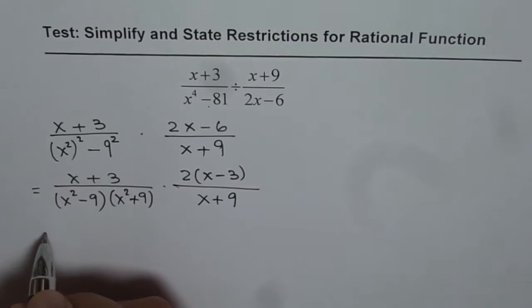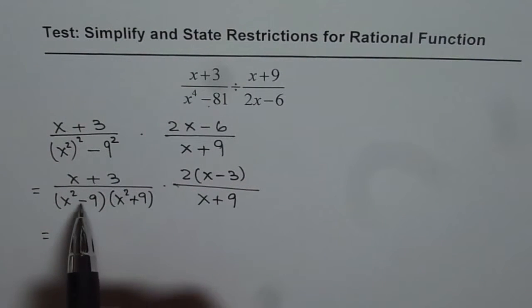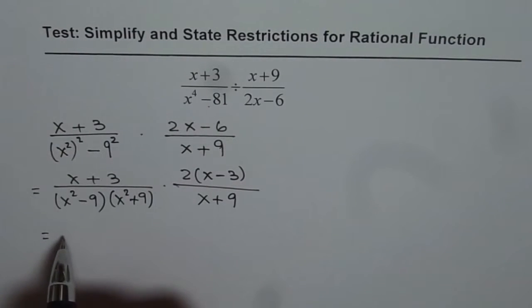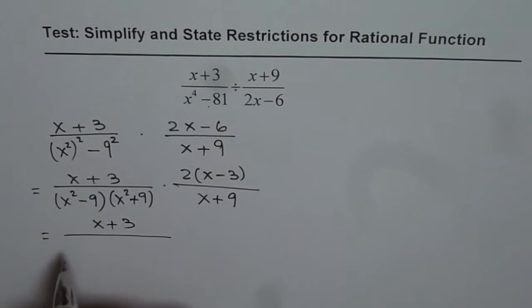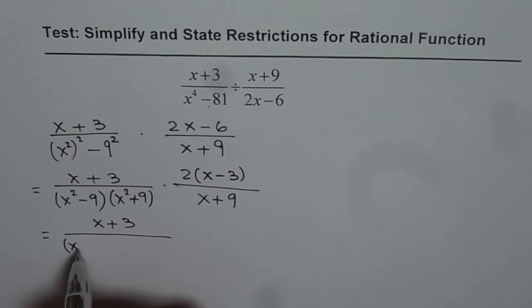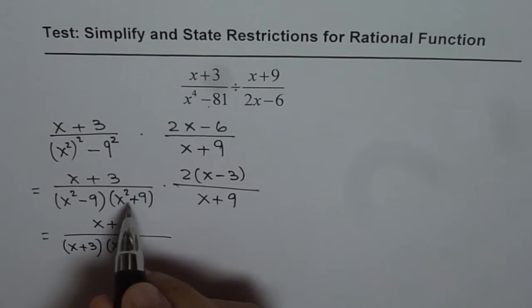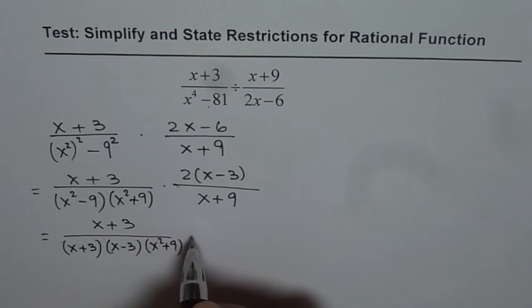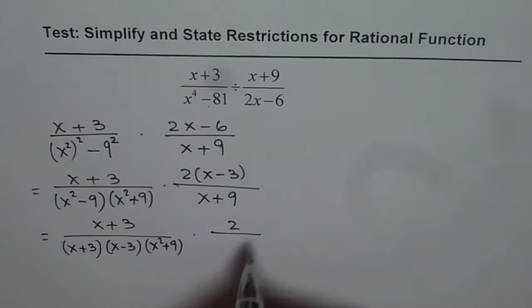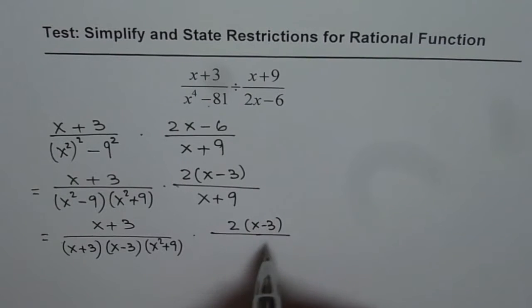Okay, now at this stage we can factor these terms. So these terms are x + 3, x^2 - 9 could be written as (x + 3)(x - 3), and we have x^2 + 9 also there, times 2 times (x - 3) divided by (x + 9).